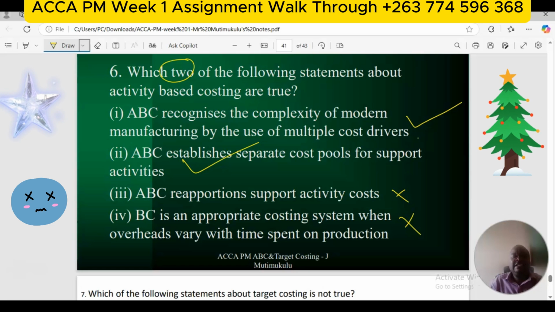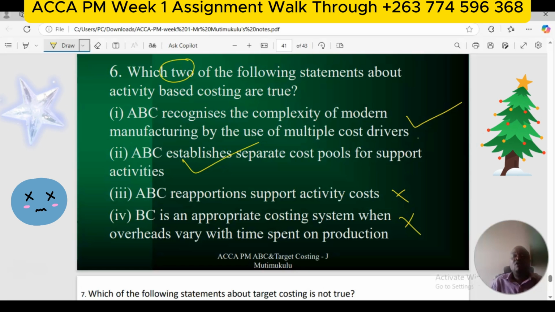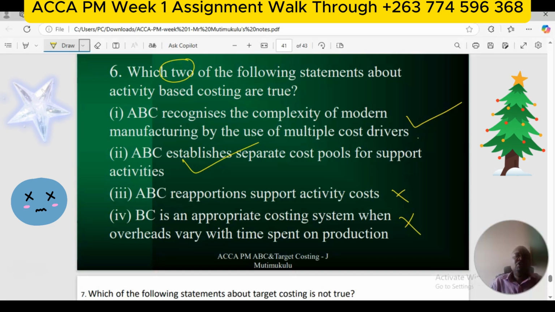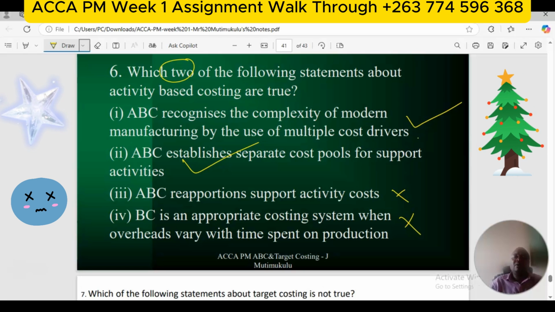Was there any reapportionment of support activity costs? Support activity costs are those costs which are not related to production. So you can see that we do not have that evidence so far. All right, so it doesn't say so.